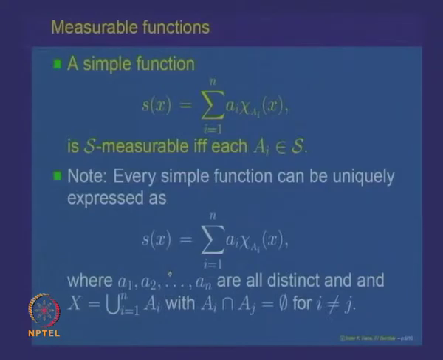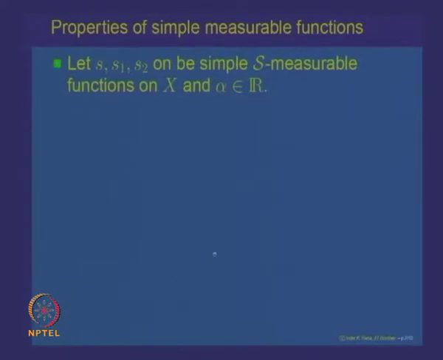So, a simple function is nothing but a finite linear combination of indicator functions. So, that is an example of a measurable function. We will study some more properties of this class of simple measurable functions. Let s, s_1 and s_2 be simple measurable functions and alpha a real number.